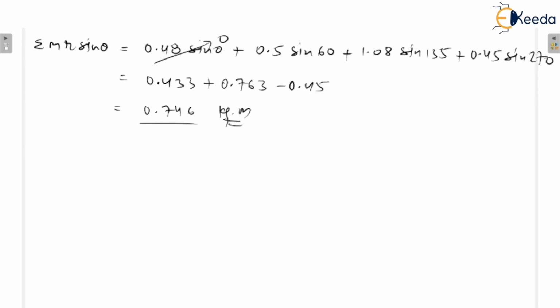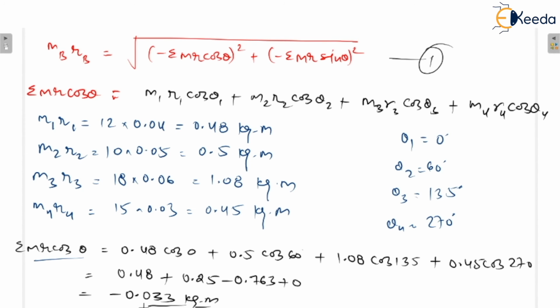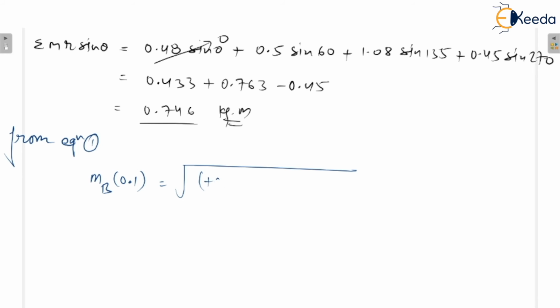So what would be the value from equation number 1? From equation number 1, MB RB. What is RB? RB is 0.1, which is given in the question. That is the root of minus of summation of MR cos theta, minus of 0.033, so it becomes plus 0.033 square plus minus 0.746 square.